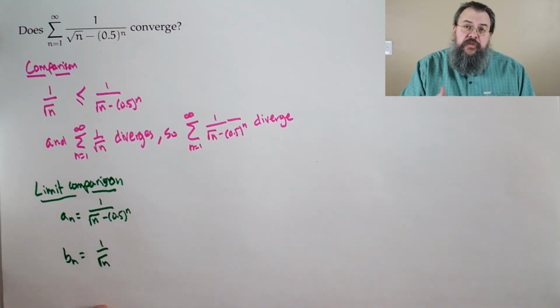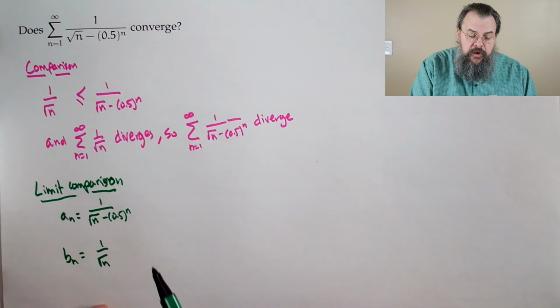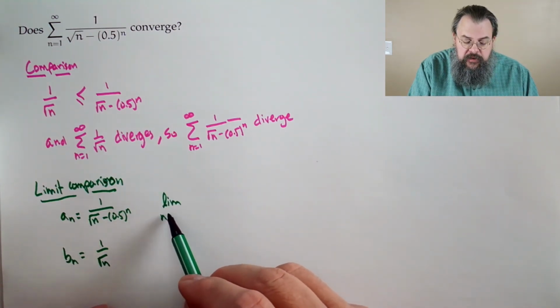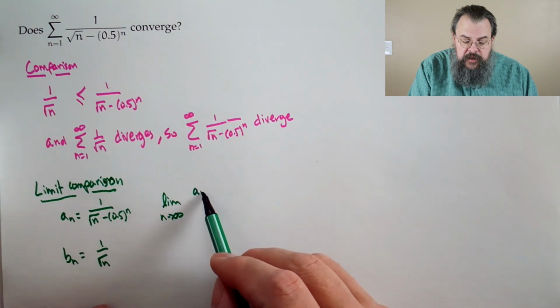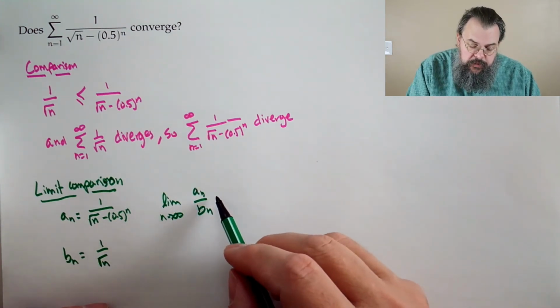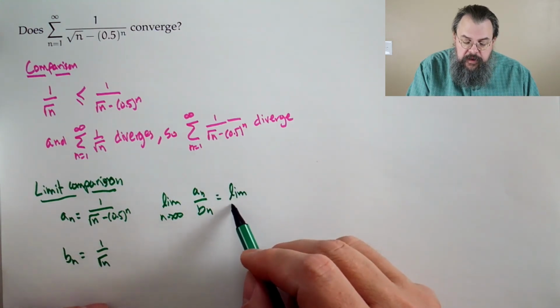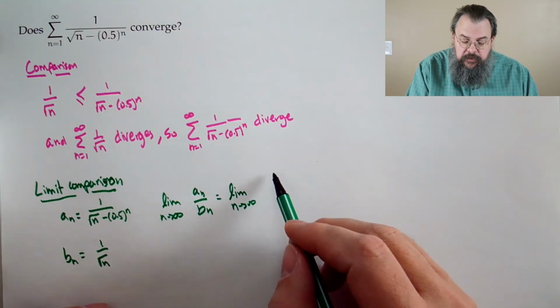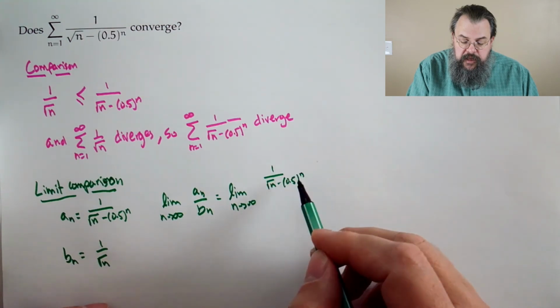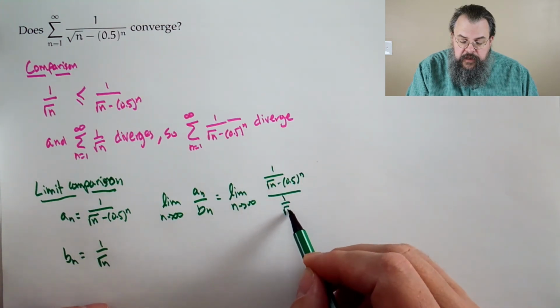And now, if you always throw out the smaller piece, what's going to happen is that our limit, as we head to infinity, of a n over b n will be 1. Now we can do this properly and say, this is the limit as n goes to infinity of 1 over root n minus 0.5 to the n over 1 over root n.